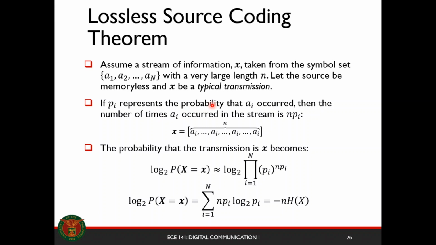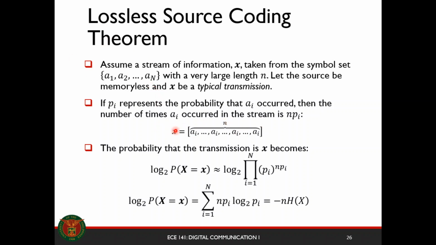Basically, it's the most probable stream of symbols that will be measured or observed from the output of your data source. Okay, so a vector x is equal to a series of symbols from your source.